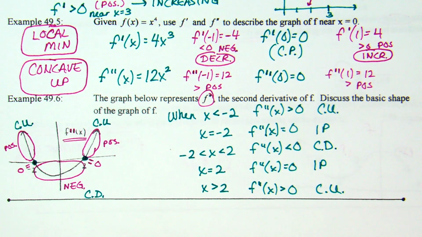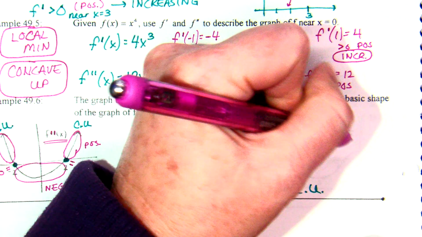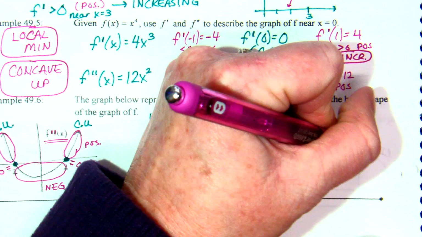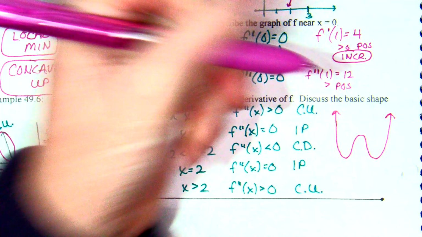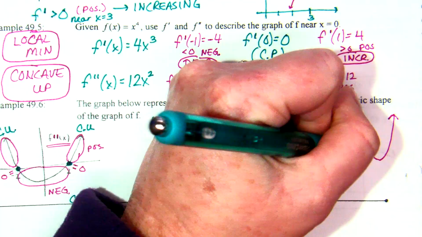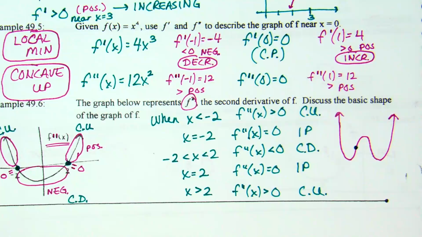Yeah, can you visualize a W here? Think about it with me. Nothing says your W would have to be equal. But think about it. My graph starts off as concave up, yes? At some point, right there maybe, it changes to concave down.